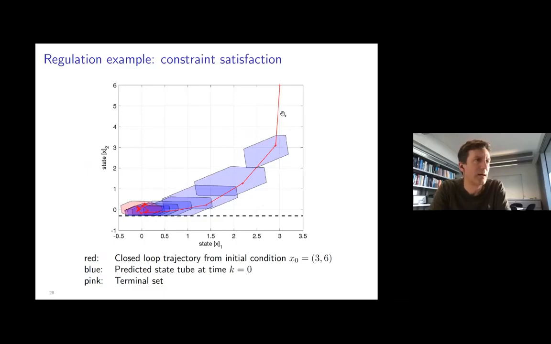So here you can see how the predicted tube for the states at initial time evolves over time. As I mentioned earlier, the shapes of these tube cross-sections are actually variable and optimized online. And in red, you can see the closed-loop trajectory for the actual system given a particular disturbance realization.